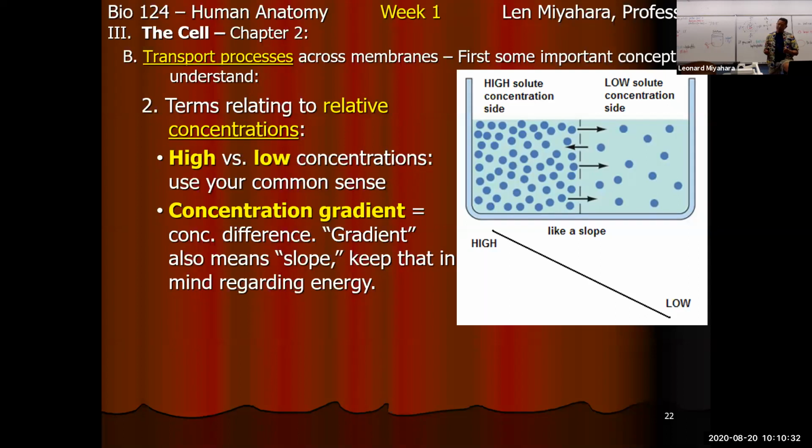Now, this will be very easy if you keep this in mind when we talk about active versus passive processes. If you are in a car on 101 and you want to go up to North County, San Luis Obispo, you have to go up the Cuesta grade, and your car has got to burn some gas to get up there. That's an active process.